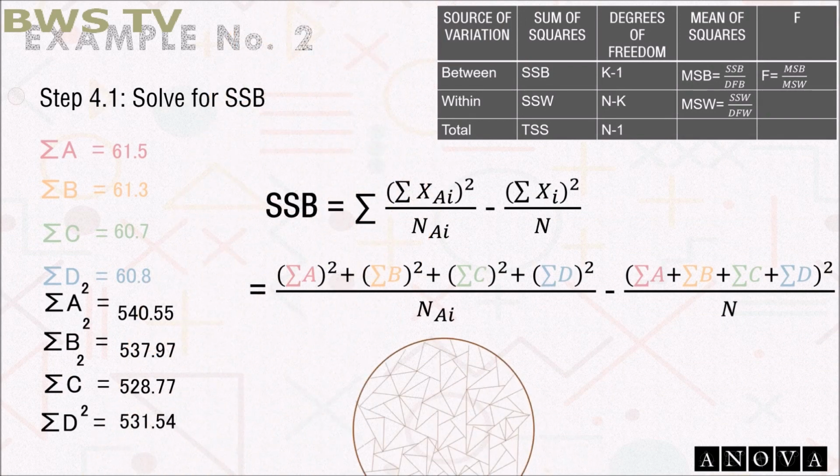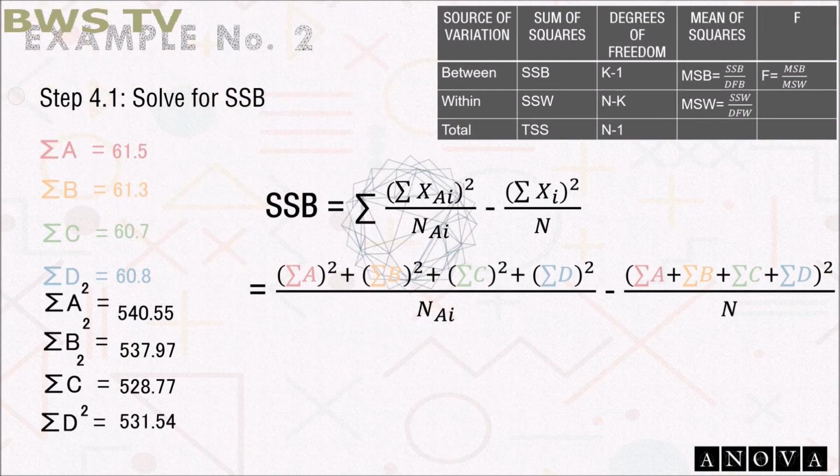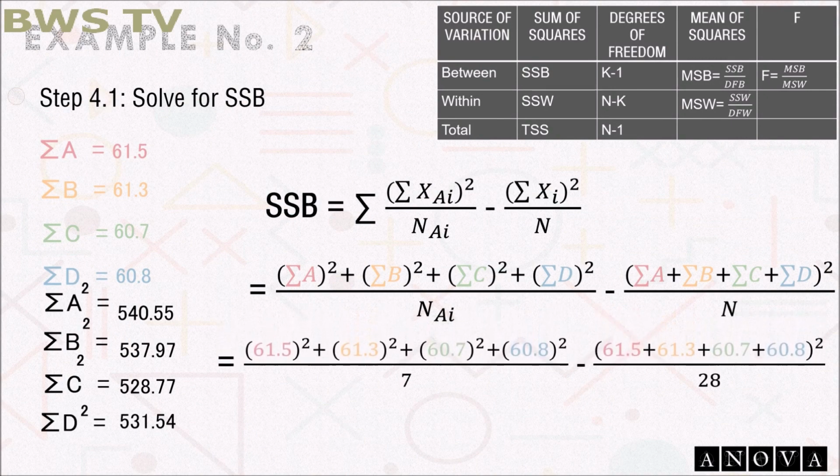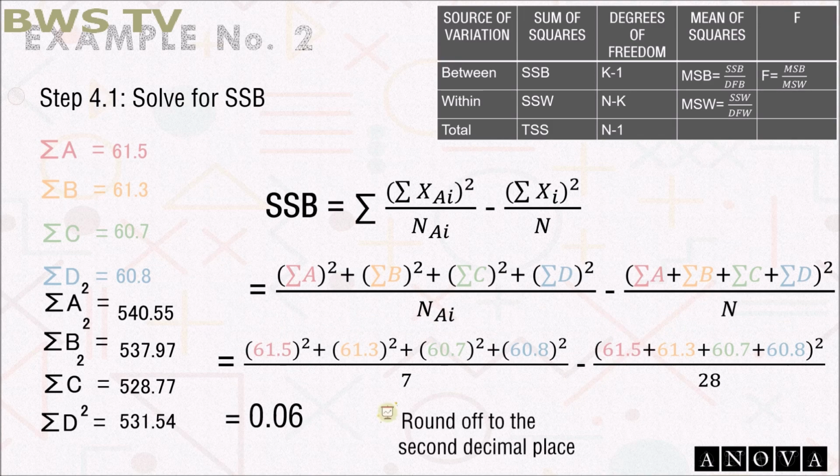So here, once you input the substitutions in your calculator, you'll get the answer 0.06, rounded off to the second decimal place.